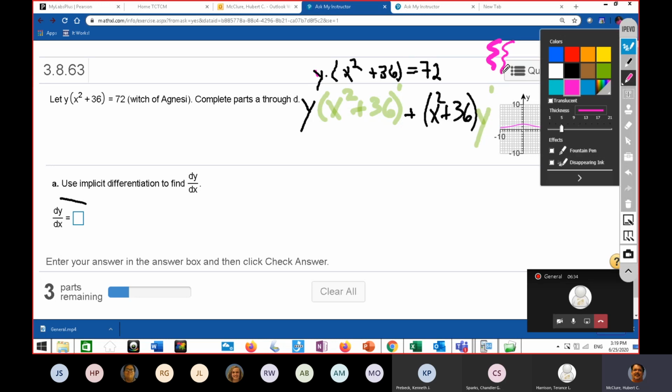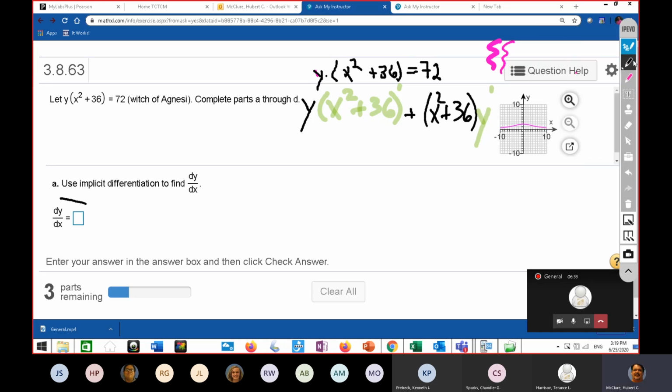All right, so now that's going to give me y, and I'm going to take the derivative of x squared plus 36 in respect to x because there's no y there. So I'm going to do that in magenta.